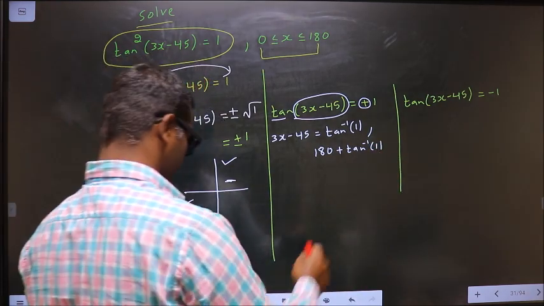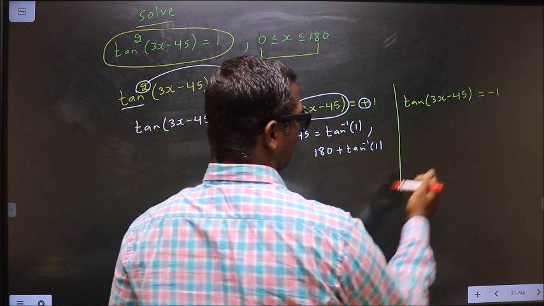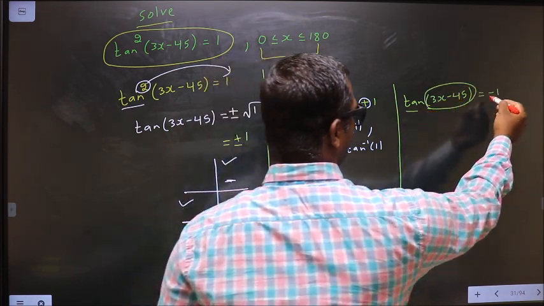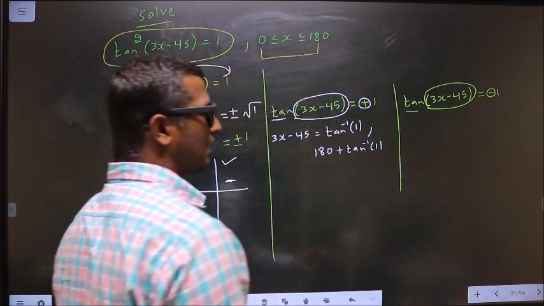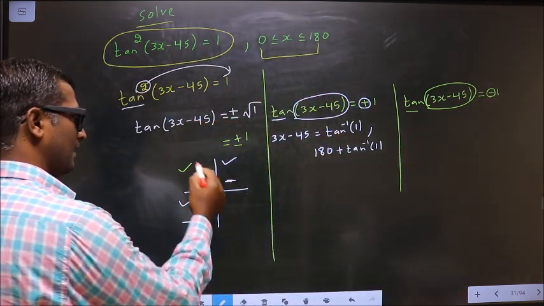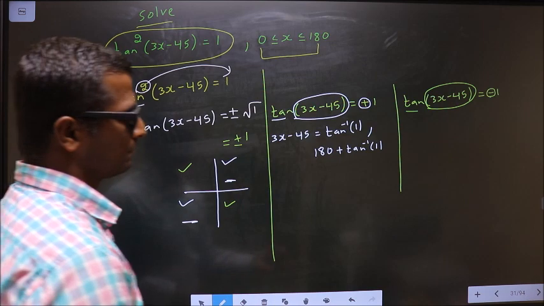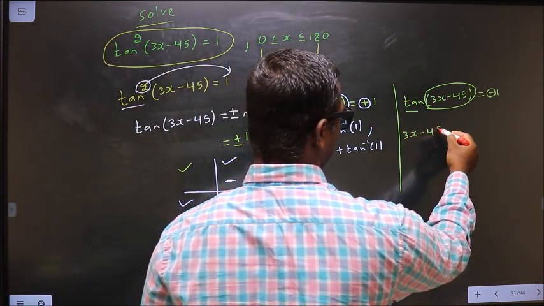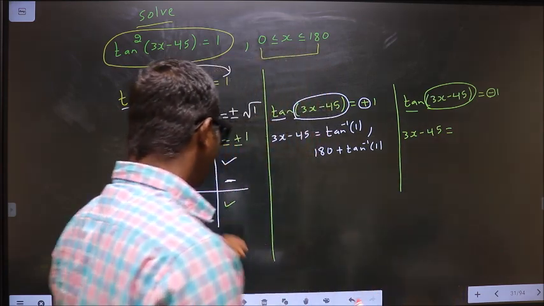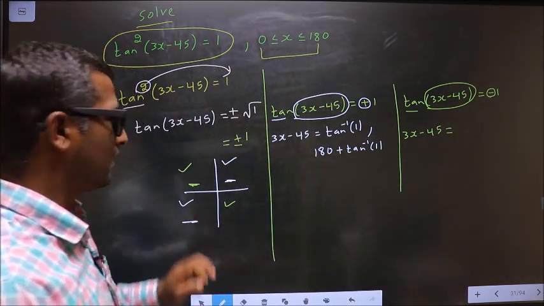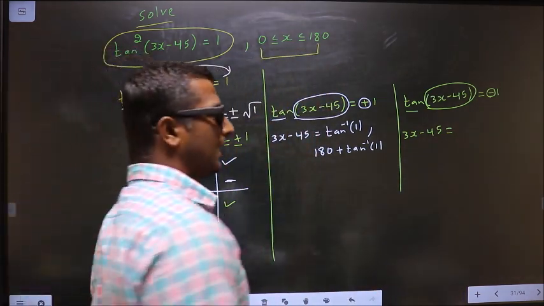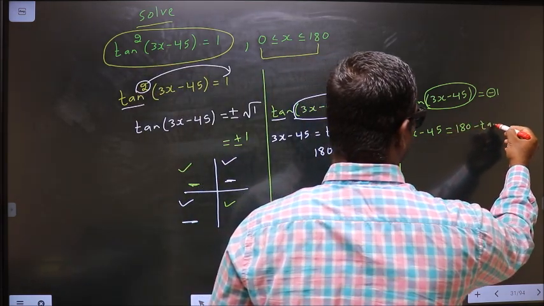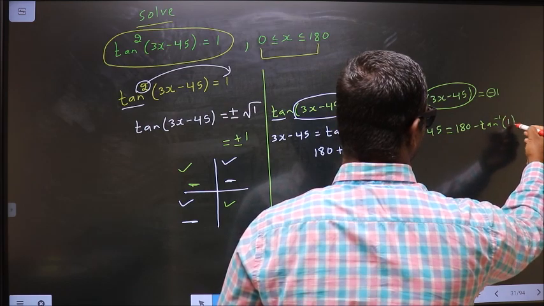Now here, to get the values for this, here it is tan and here it is negative. Tan is negative in the second and in the fourth. So 3x minus 45 equal to, to get an angle in the second quadrant, we should do 180 minus tan inverse 1.